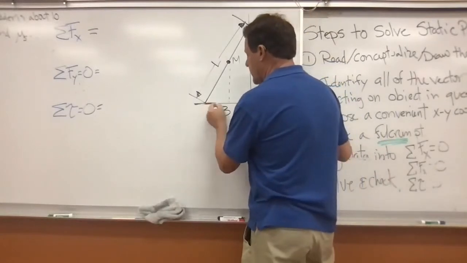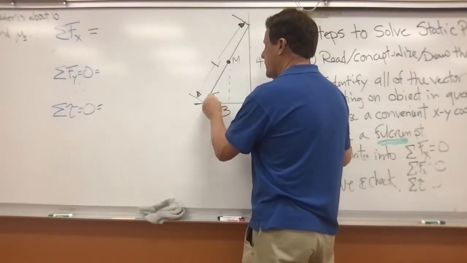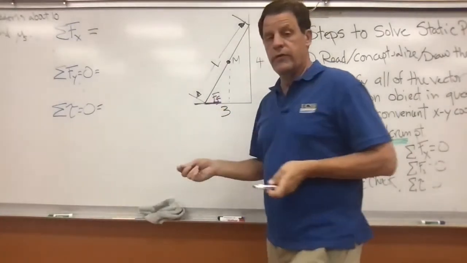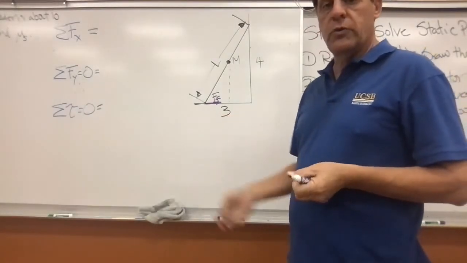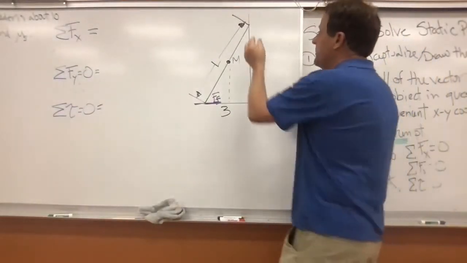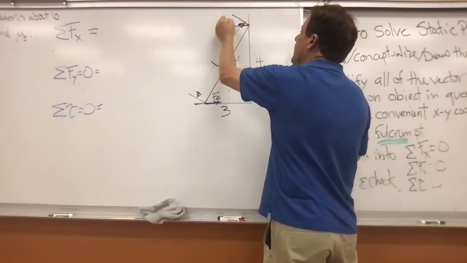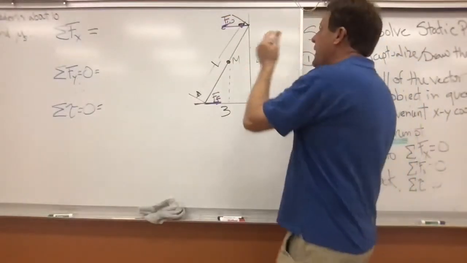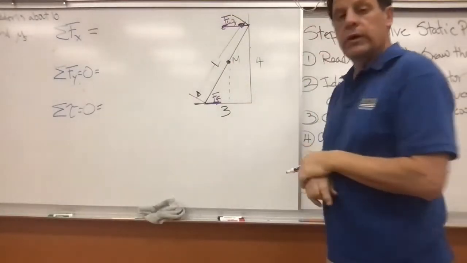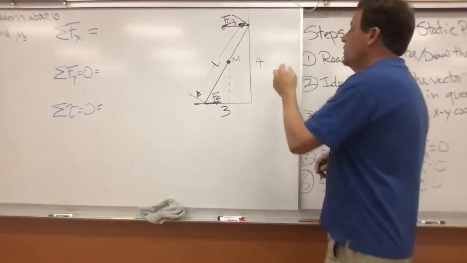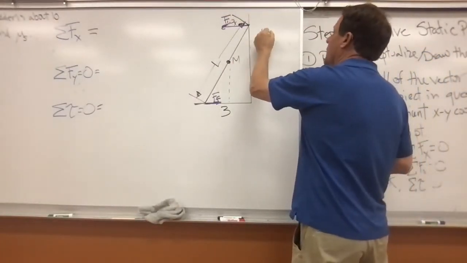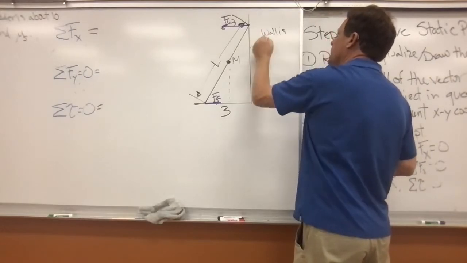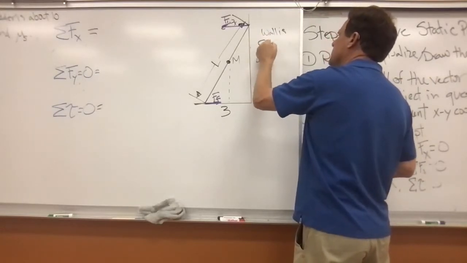And therefore, we know that we're going to have a force of friction that's pushing to the right. Now, up here, we're going to have the force of the wall, and that is only in the x direction. We're going to say that the wall is frictionless.